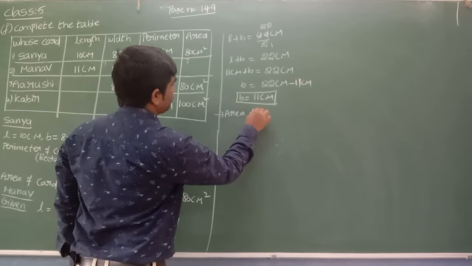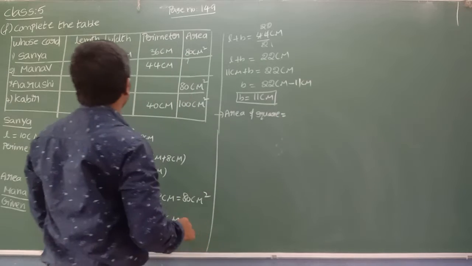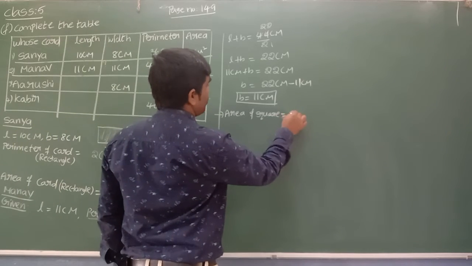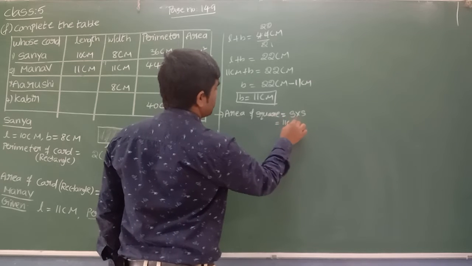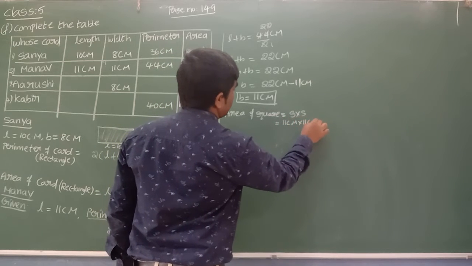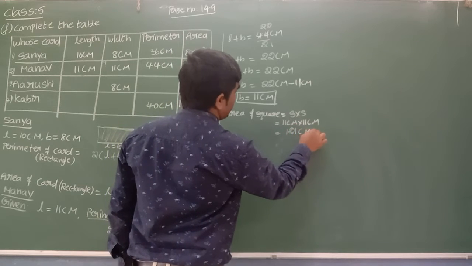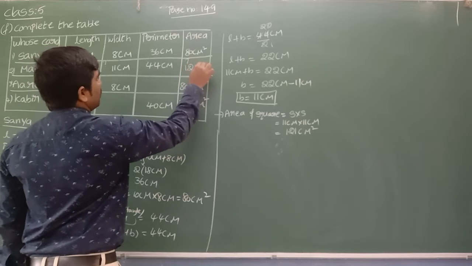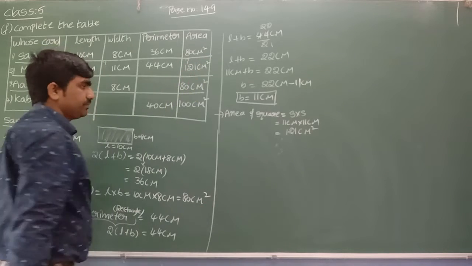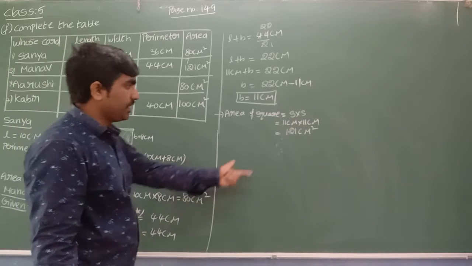Area of square is equal to side into side, 11 centimeters into 11 centimeters. 11 11s are 121 square centimeters. So here we can take 121 square centimeters.